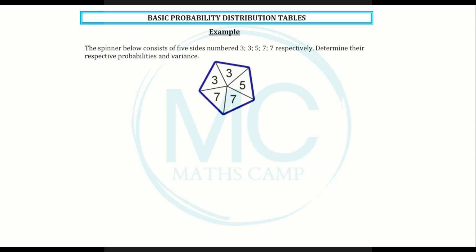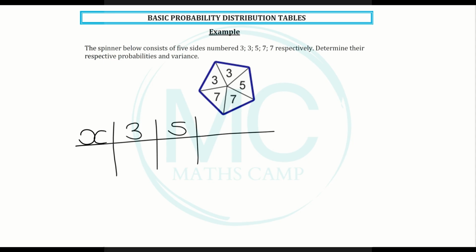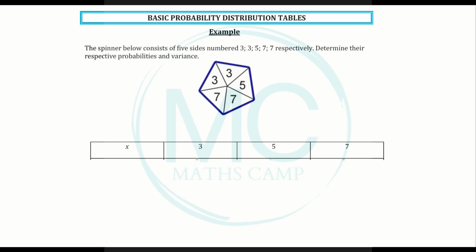Let's start with our distribution table. In the first row, we know the first column is x. And then we follow this by the values that we need to consider. We have 3, 5, and 7. In the second row, we need the probabilities.